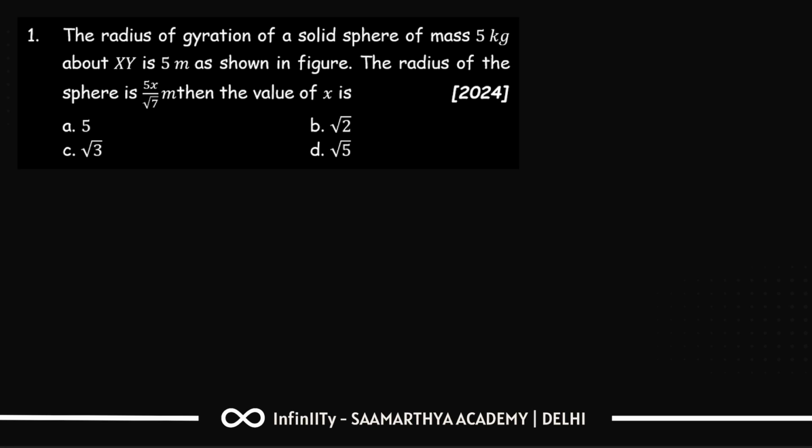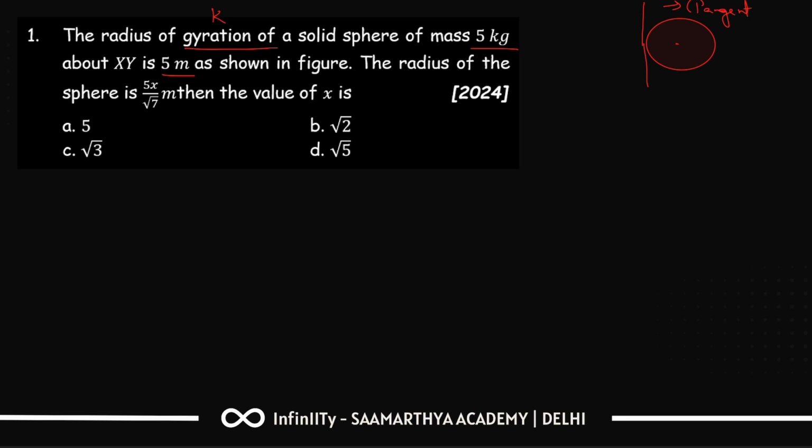Okay. So the question says the radius of gyration, that is k, of a solid sphere of mass 5 kg about xy is 5 meter, as shown in the figure. The figure is not given, so let me draw it. It is probably missing in the module too. This is a solid sphere and this is along the tangent.